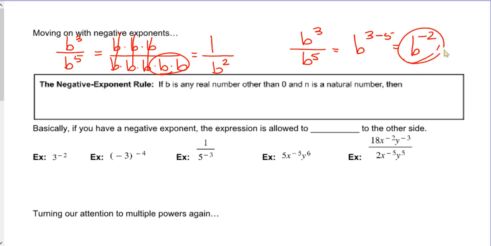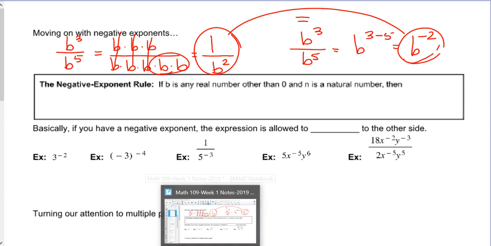Hence, looking at it two ways, I have this and I have this, which means these two things are equal. Hence, this is our negative exponent rule. Basically, you can move things over the division of the fraction. It's kind of the layman's terms of it.